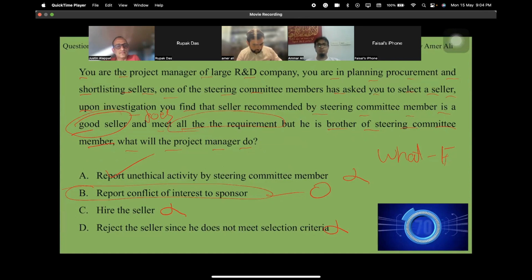Yes, Rupak. On this question, the second part, you mentioned that he has not met the requirement. Only that part has changed, but he is the brother of the steering committee. So if he does not meet the requirement, why go for A? We can directly go to D. Well, it can be.